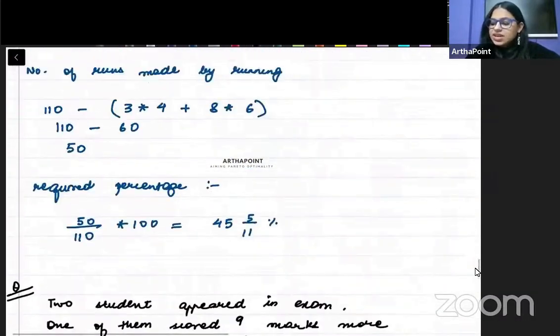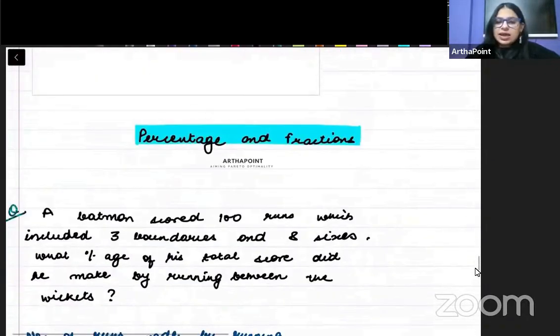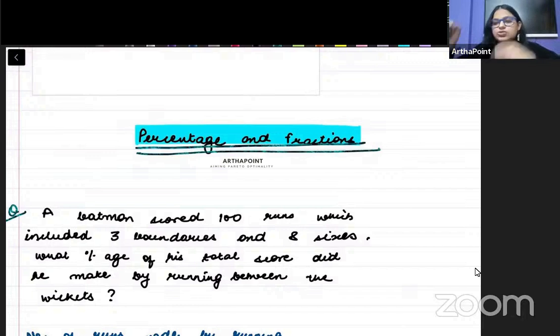Okay. The next kind of questions which can be asked in the exam are questions related to percentage and fractions. Now, percentage fraction is very simple. You will be asked that suppose there is a square and its length has been increased by so and so percentage.